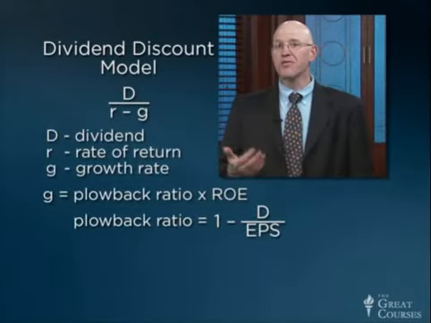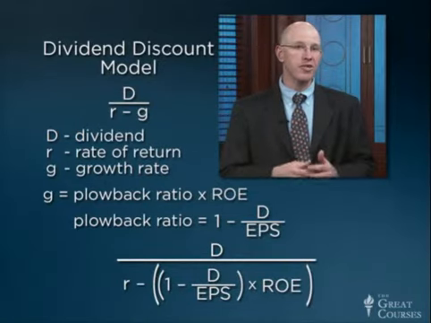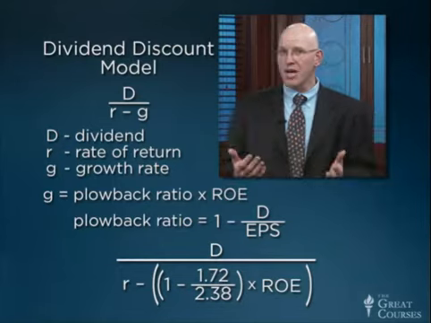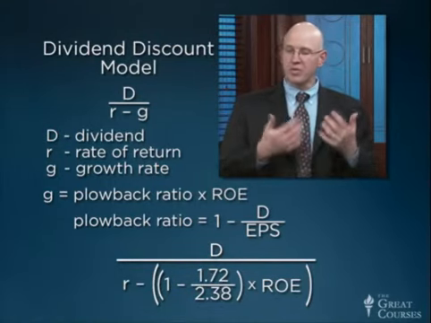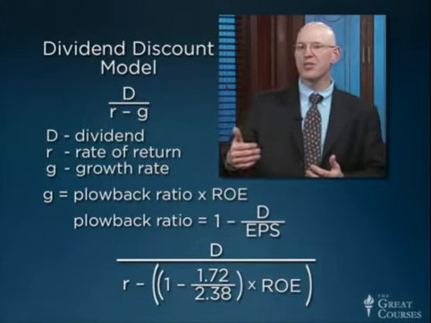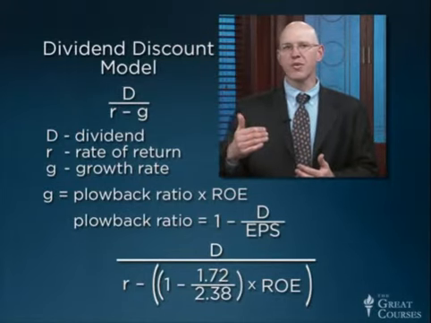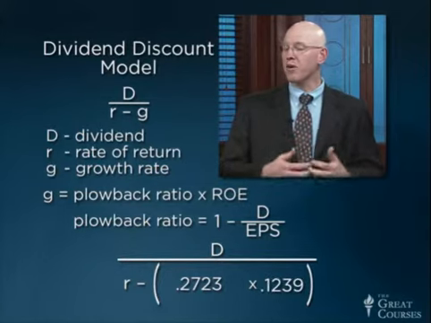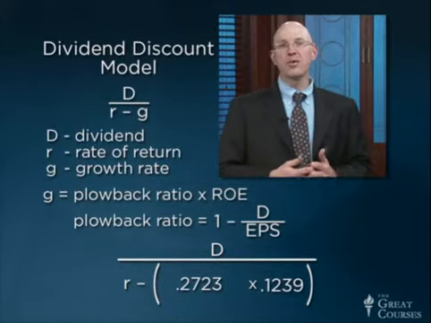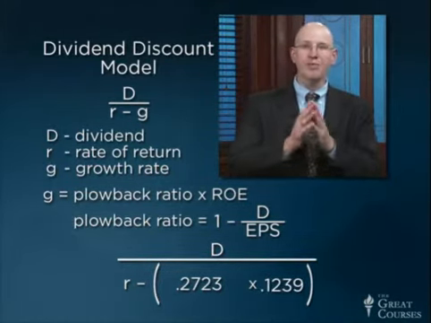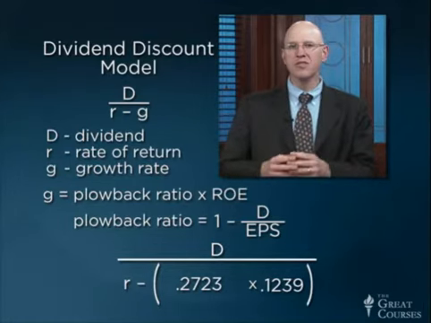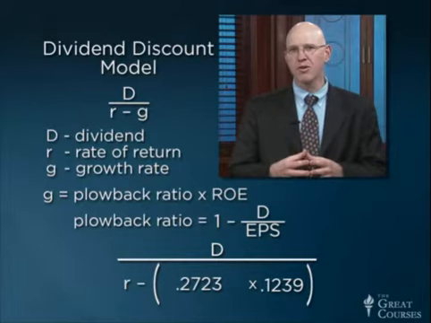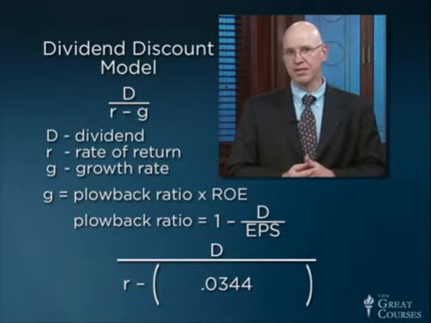Now, the EPS forecast I found for AT&T was $2.38, which together with a dividend of $1.72 implies that the plowback ratio is 1 minus $1.72 over $2.38, which equals 27.23%. The ROE was 12.39%. So when I take the plowback ratio times ROE, I find that the estimate of G is 0.2723 times 0.1239, which gives 3.44%.